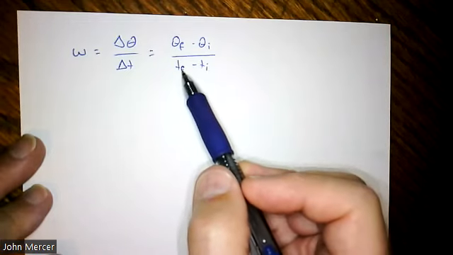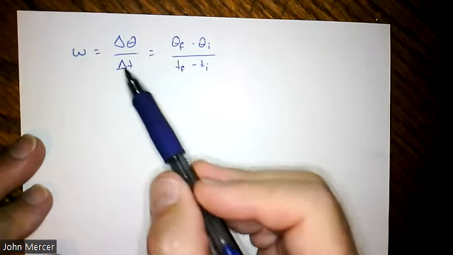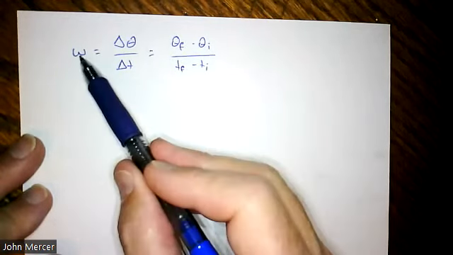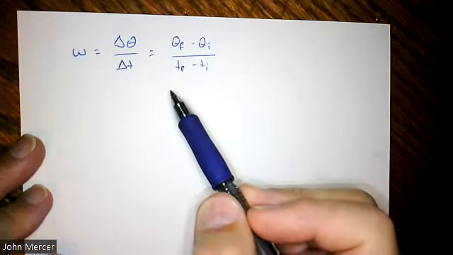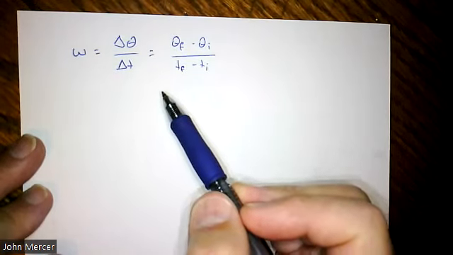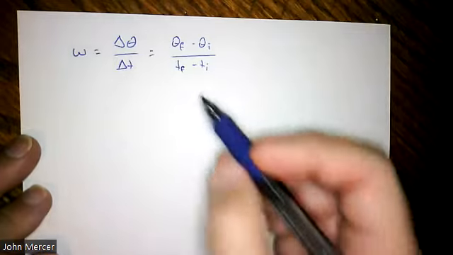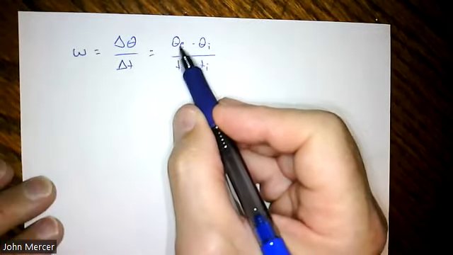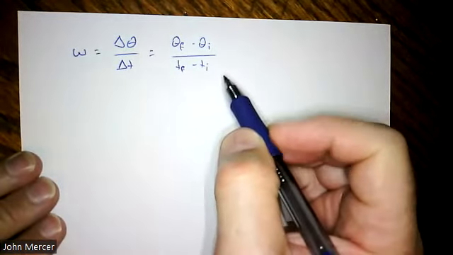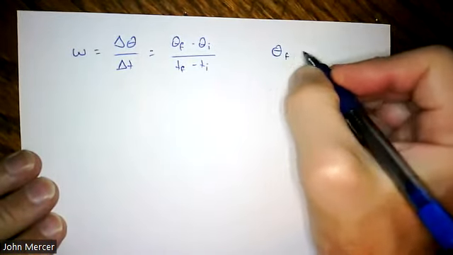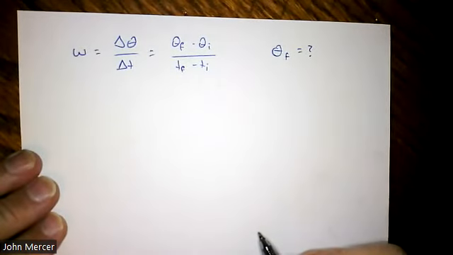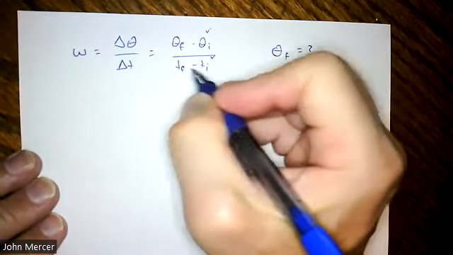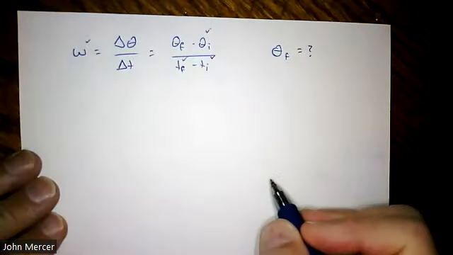What's good practice is to try to rewrite this equation 5 times with each of these parameters by itself on the left-hand side of the equality sign. For example, let's say solve for theta f. I could give you all the other parameters and say, what was theta f if everything else was known? Theta I is known, Tf and Ti are known, and omega is known.